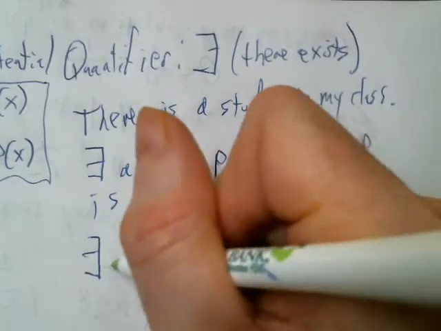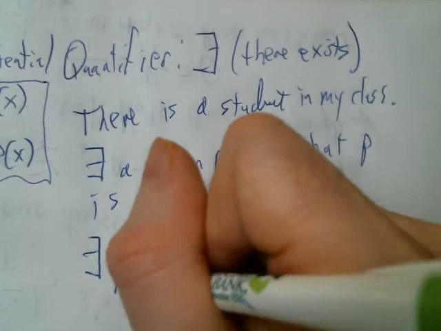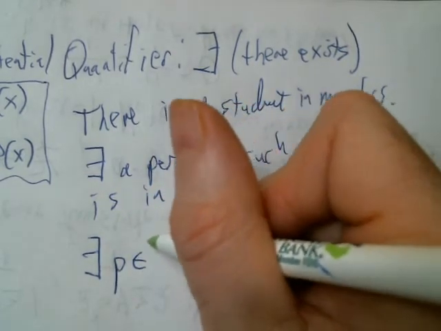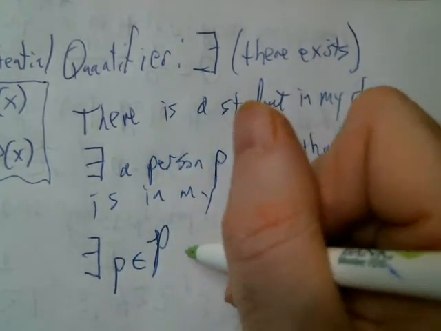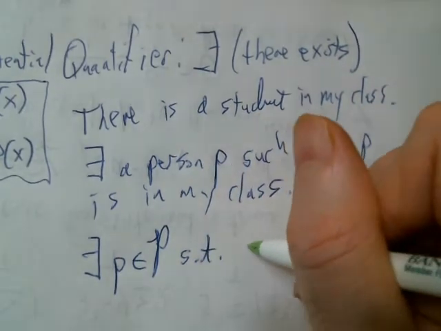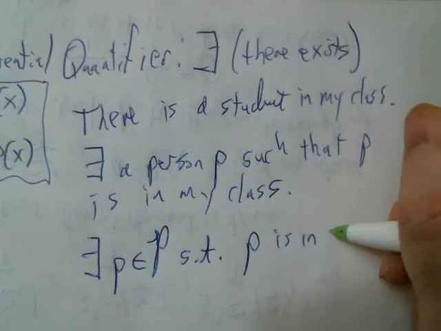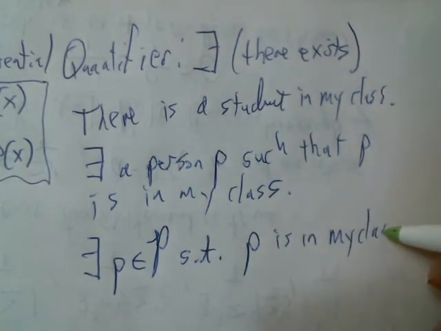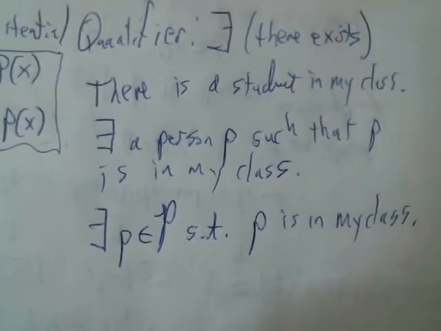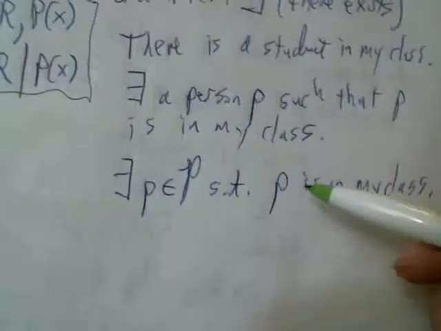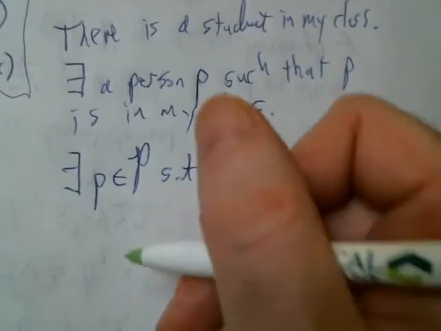There exists a person P in the set of all people such that P is in my class. And then we could use the such that symbol and our predicate notation.